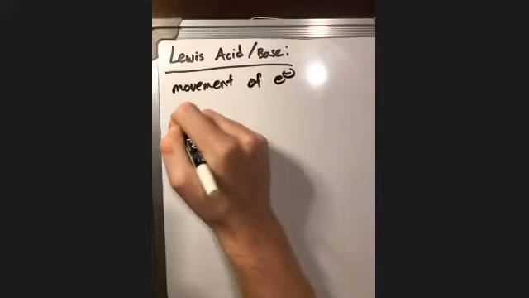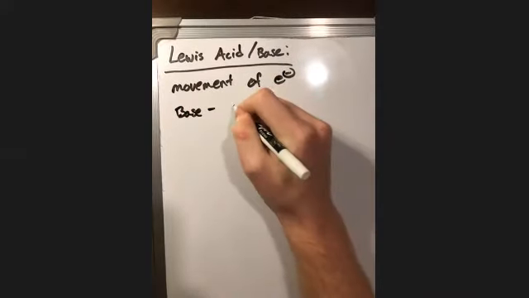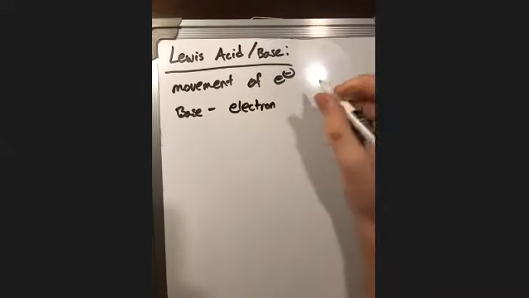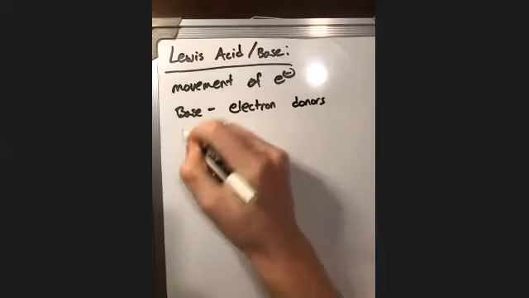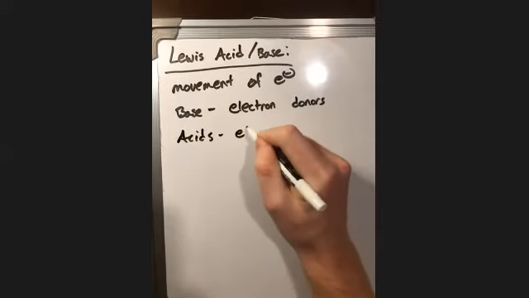So with that, bases are electron donors. So they must have a lone pair or a negative charge or something like that. And then acids are electron acceptors.